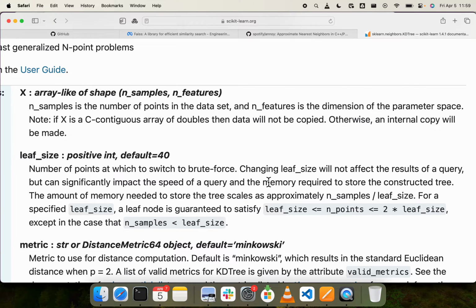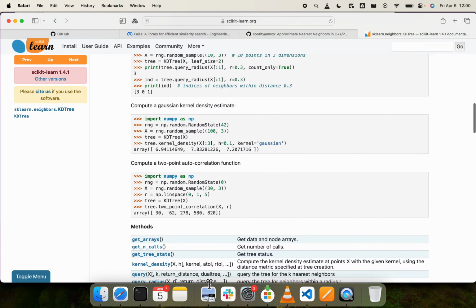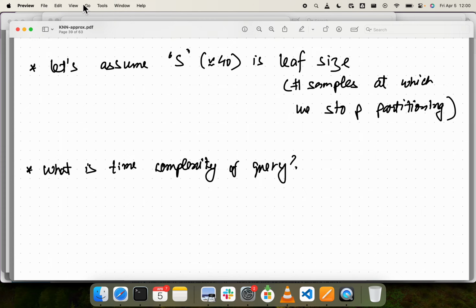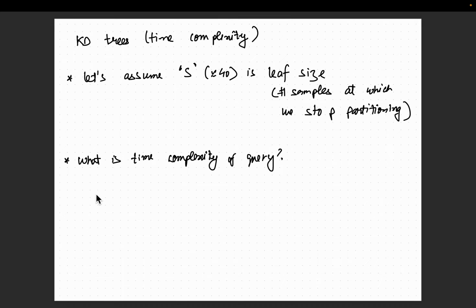Brute force means the exact algorithm. They have done some benchmarking and found this out. So for now, let's assume that the leaf size is 40 and not 1, and we don't go down log n base 2 levels, but have some reduced number of levels.